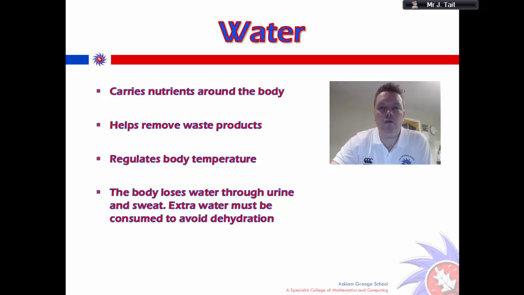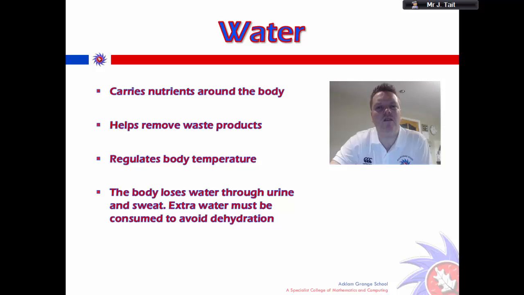Because of that, the body loses water through urine and sweat, and it's important that when we are sweating heavily, or when we're going to the toilet, and there's increased urine production due to exercise and things like that, that we replace the water we're getting rid of through the waste products, and that we don't become dehydrated, because then dehydration leads to a lot of different factors that actually decrease performance.